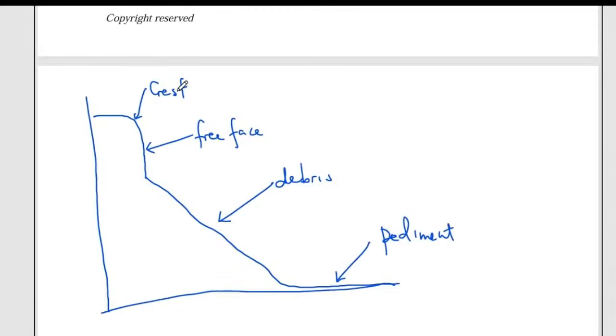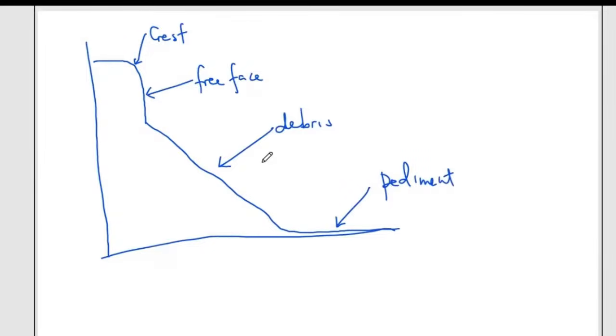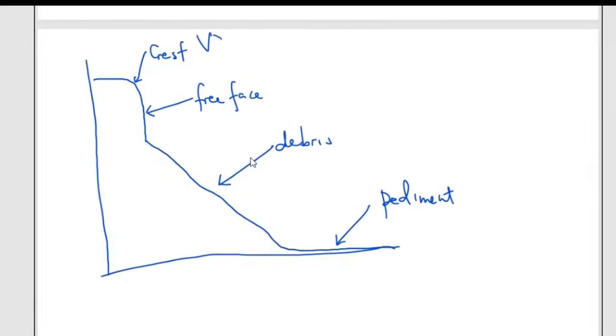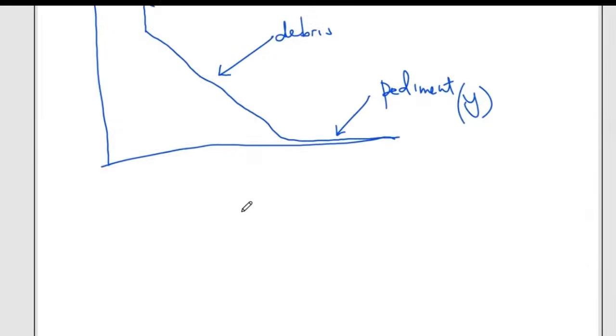The question says, use the diagram to describe the changes in slope gradient. Point V is here, and our point Y is here. So how is the gradient changing?